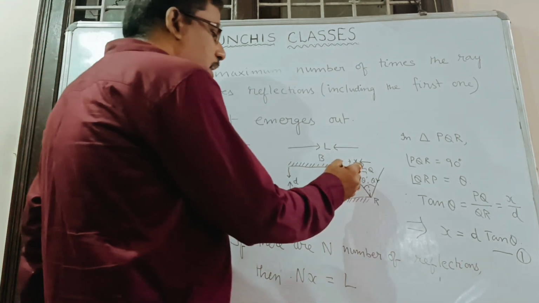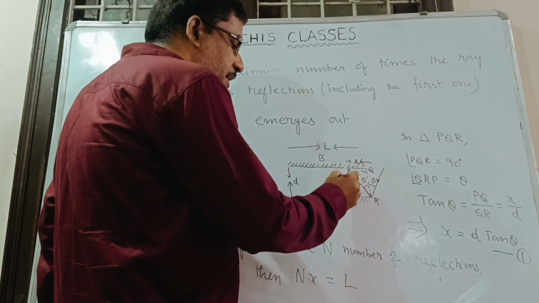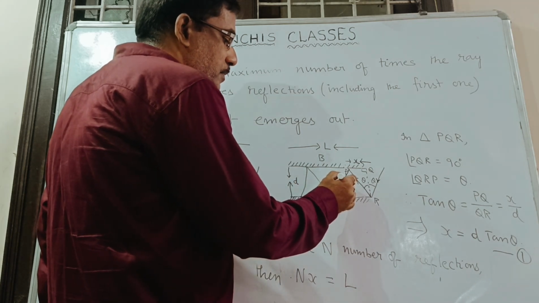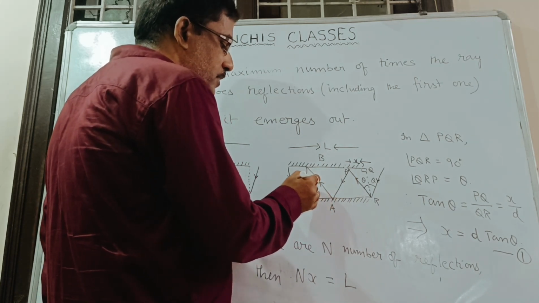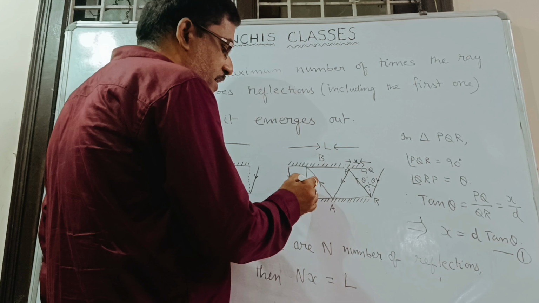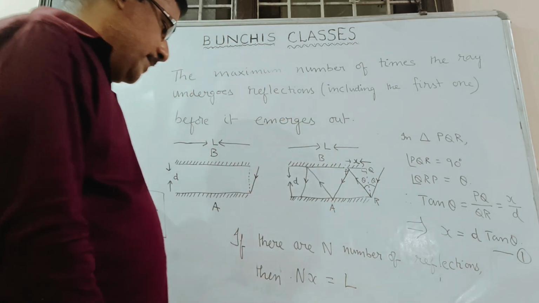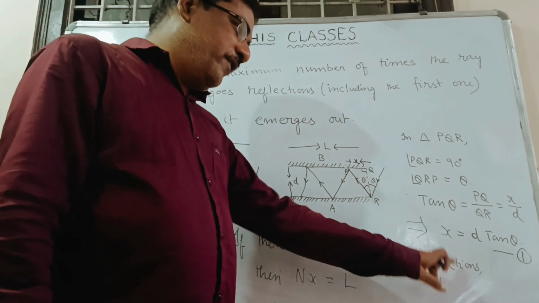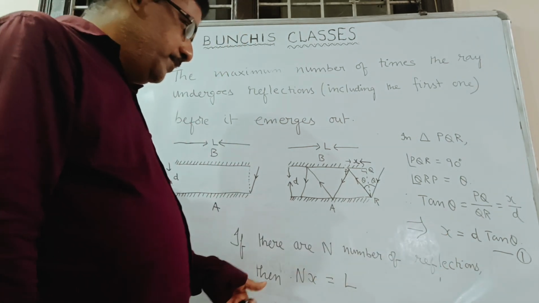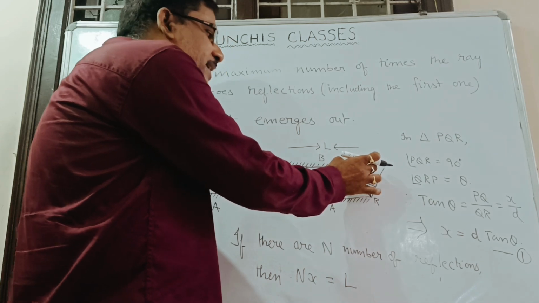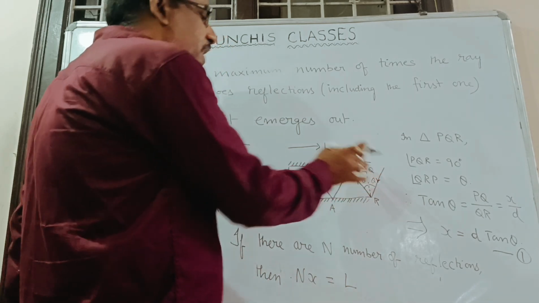Suppose it takes n number of reflections like this. After the incident ray falls, n number of reflections take place. If there are n number of reflections, then for each reflection it is covering a distance of x.